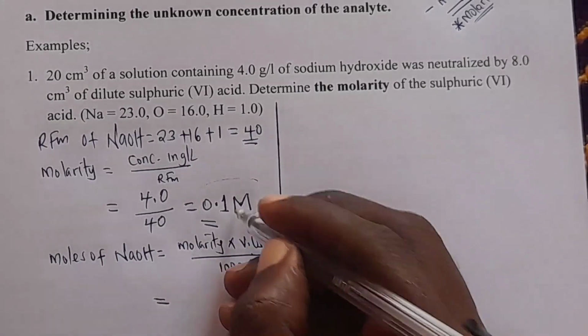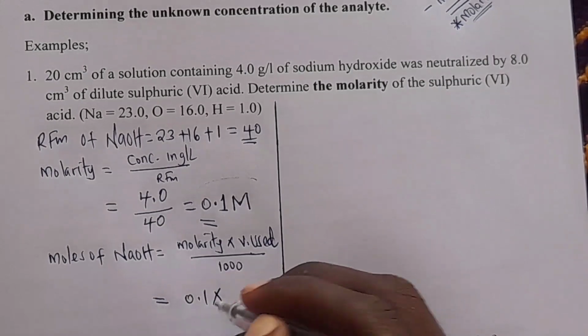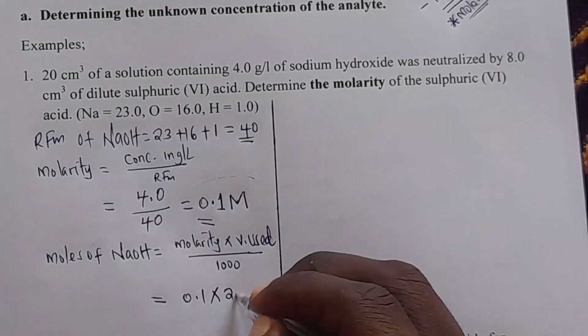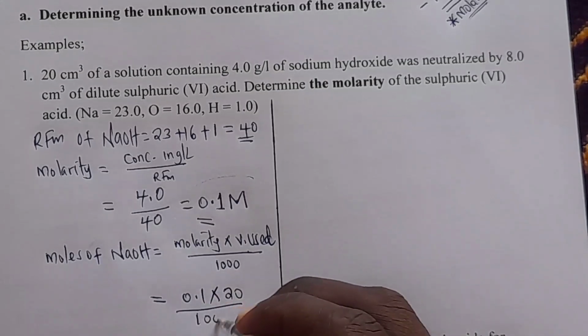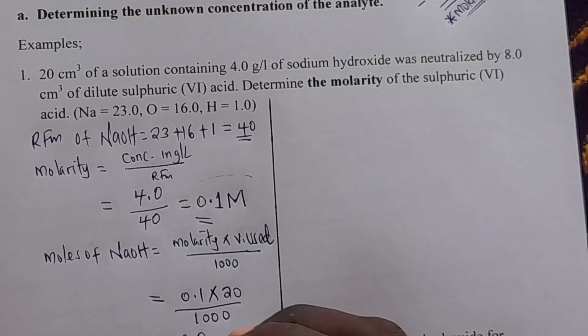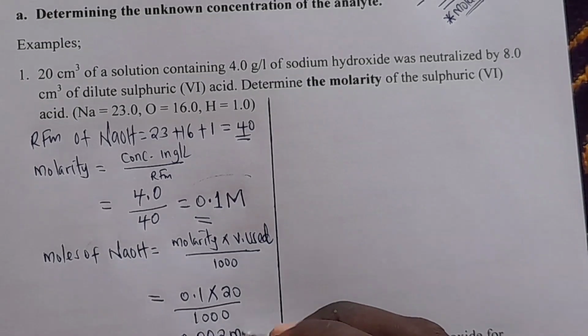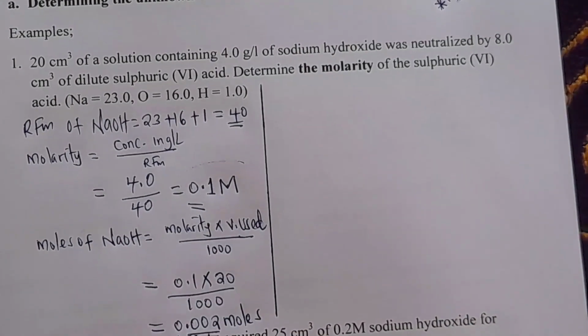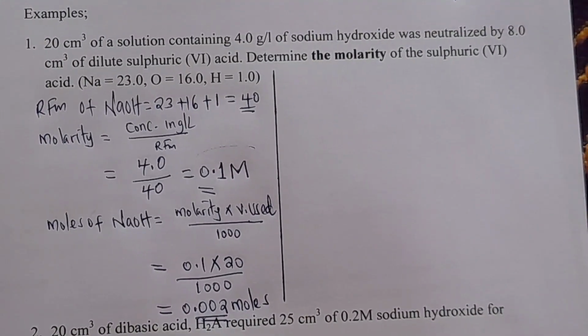This means our molarity is 0.1 times our volume of sodium hydroxide, 20 centimeter cube, divided by 1000. Here we get 0.002 moles of sodium hydroxide. That will be the number of moles of sodium hydroxide.